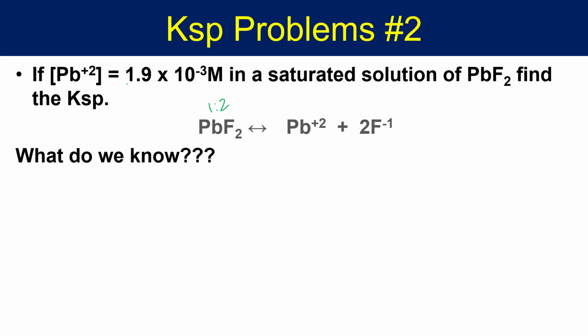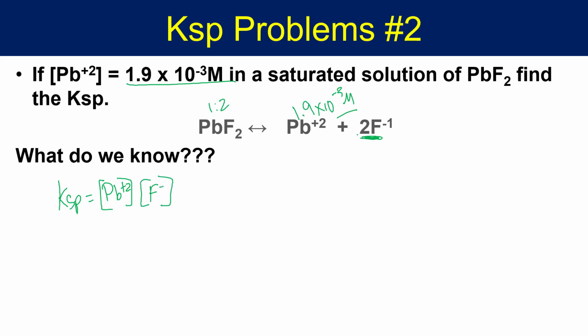They're telling me in my question here that the concentration of the lead is 1.9 times 10 to the minus 3 molar. So the fluoride concentration is going to need to be twice that, and we're going to talk about that in a second. So let's write our Ksp so we know what we're doing. We know that Ksp is equal to the lead-2 concentration times the fluoride concentration.